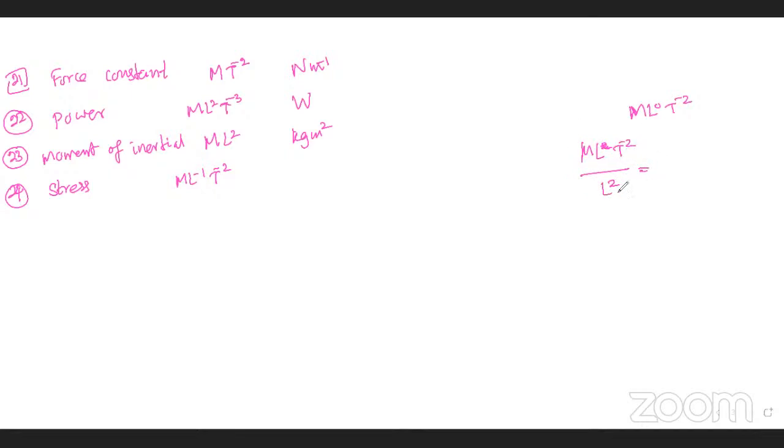So by simplifying this, you can get ML minus 1 T minus 2. So that's how it comes. The stress has the units newtons per square meter. Force divided by area, so we can call it a Pascal also.